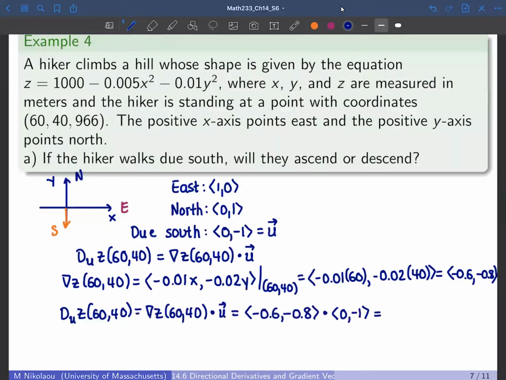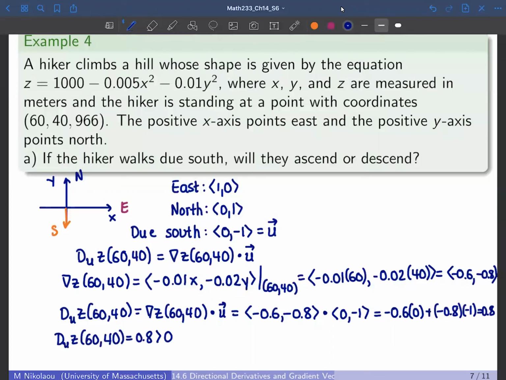That gives us -0.6 times 0, plus -0.8 times -1, which gives us 0.8. So the directional derivative of z in the direction of u at the point 60, 40 is equal to 0.8, and that quantity is positive.